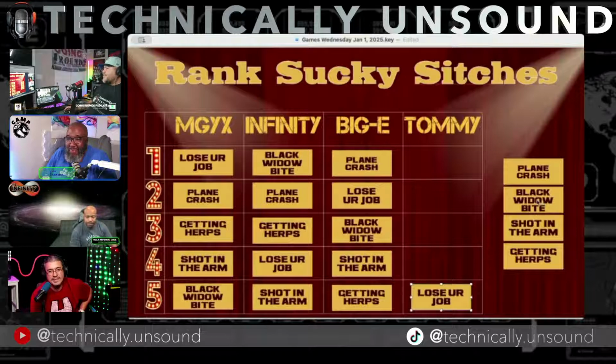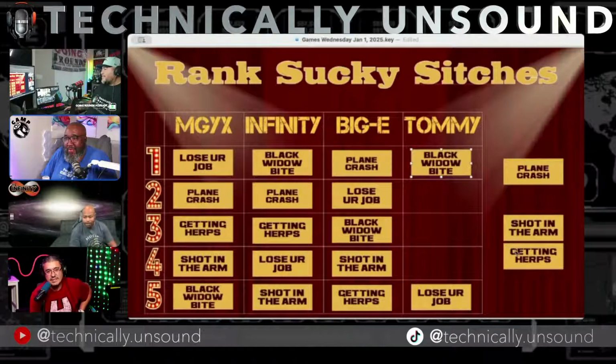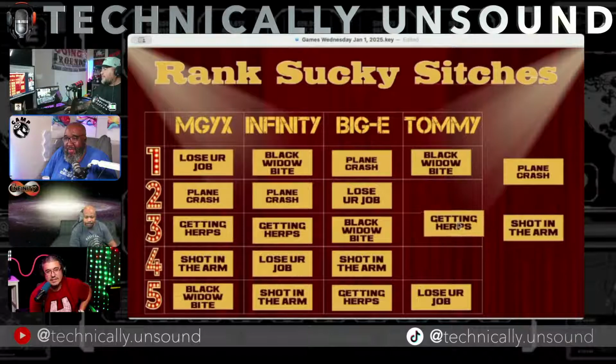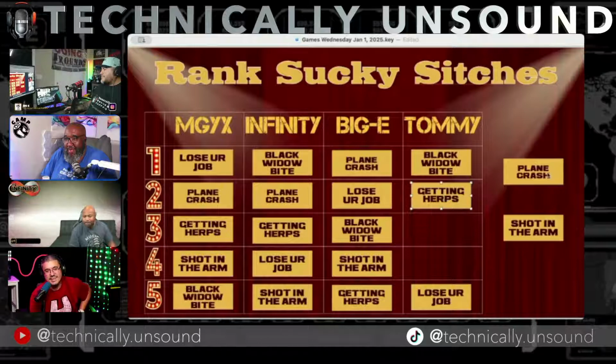Black Widow bite. I'm gonna have to agree with Infinity on this one. It messed me up for a minute. I feel like getting herpes, I know there's medication, but there's also some repercussions you got to deal with. The gift that keeps on giving. Yeah.